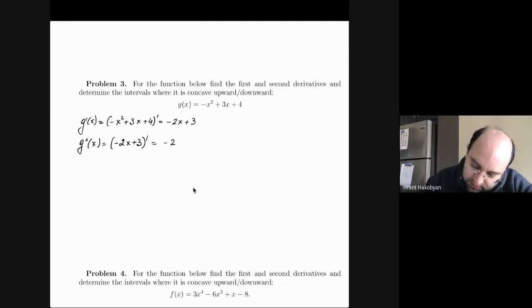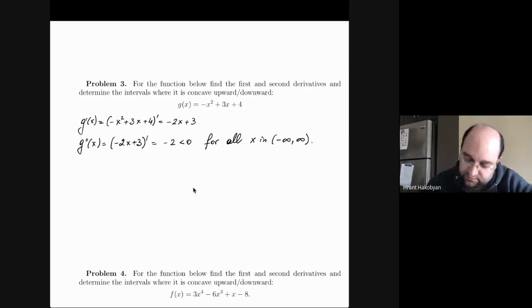So what can we say? Well, this is less than 0 no matter what x is, so for all x in the line from negative infinity to plus infinity. So where is g concave up and where is it concave down?